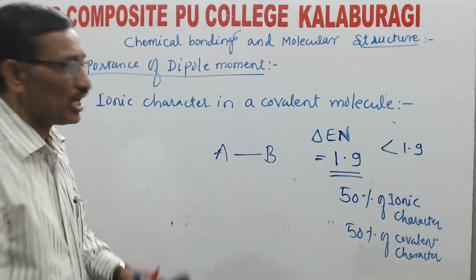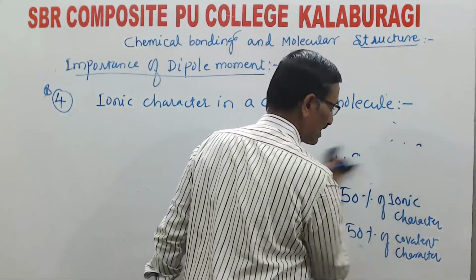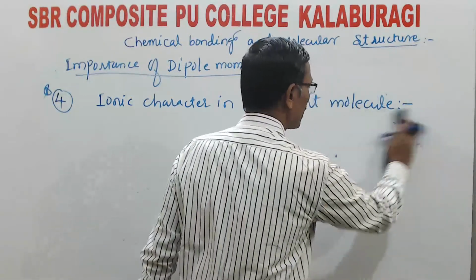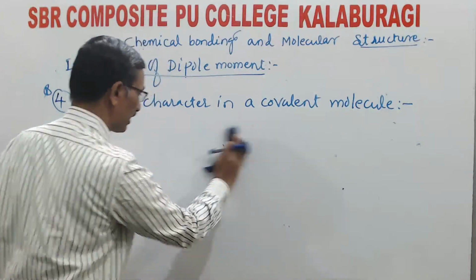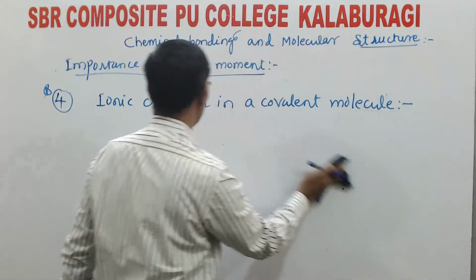Now coming to the very important formula I will give you. Try to understand this formula. Now we will go for one numerical problem. How to calculate the percentage of ionic character in a covalent molecule, student.